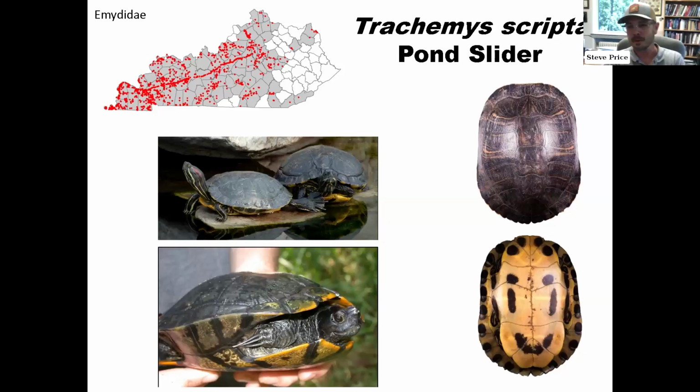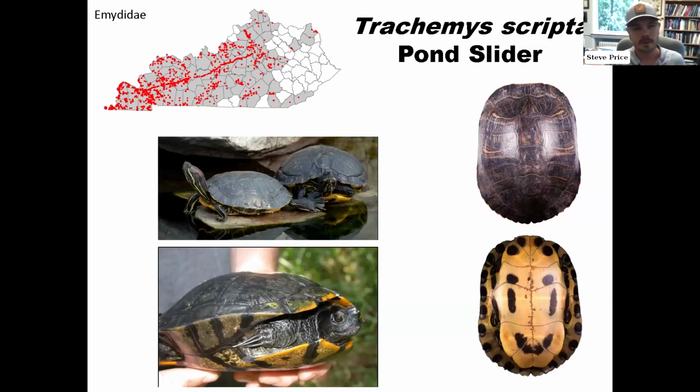Pond slider is another one of our really common species here. Sometimes it's called the red-eared slider as well, but they don't always have red ears. And sometimes they lack all coloration in general. So we call these melanistic sliders, which the males oftentimes exhibit, especially as they age. Again, a super common turtle.